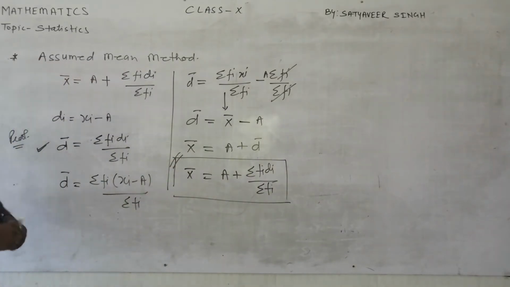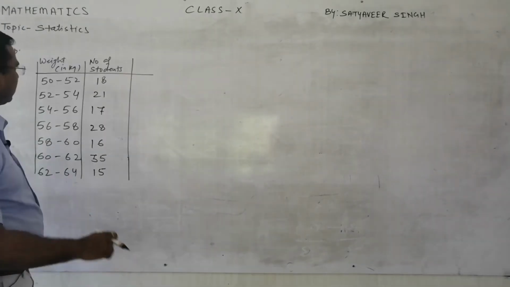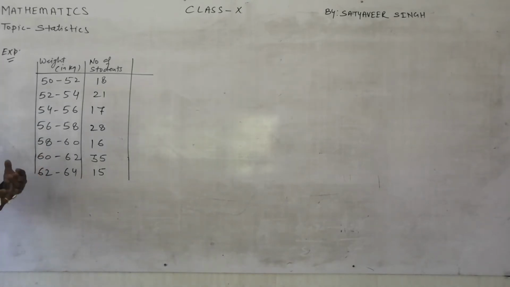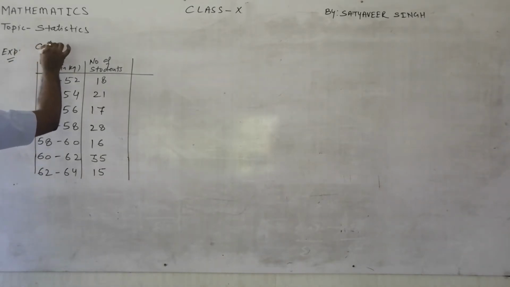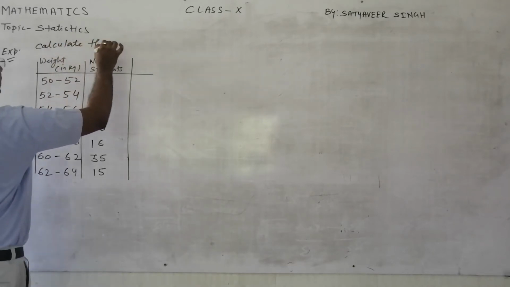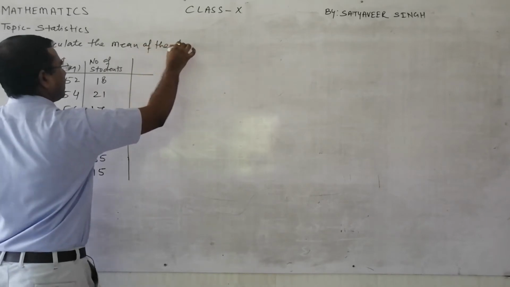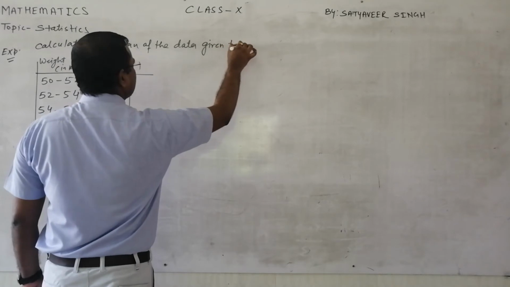So let us see, I am taking one question where you can utilize this. Let us see this one example I want to solve in front of you using the assumed mean method. So the question is: calculate the mean of the data given below.